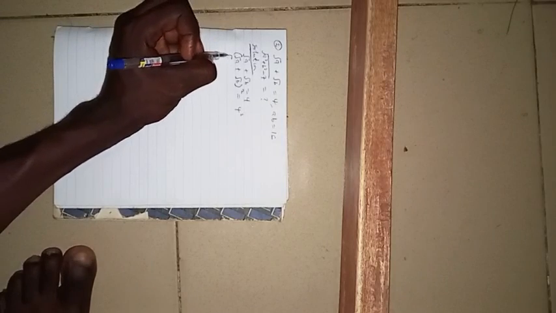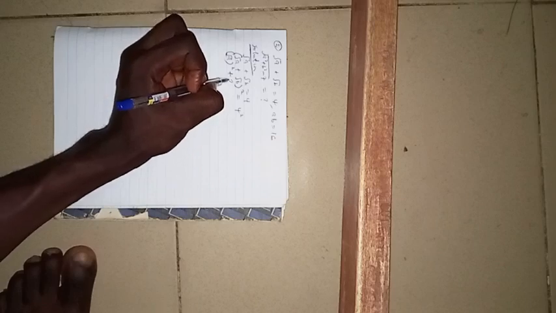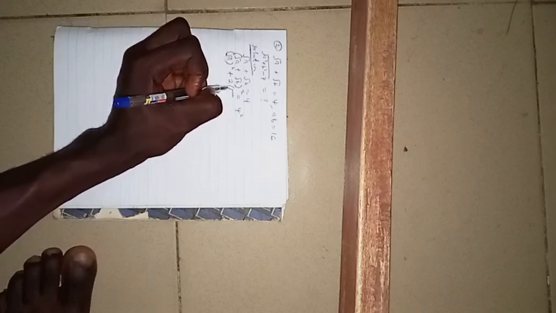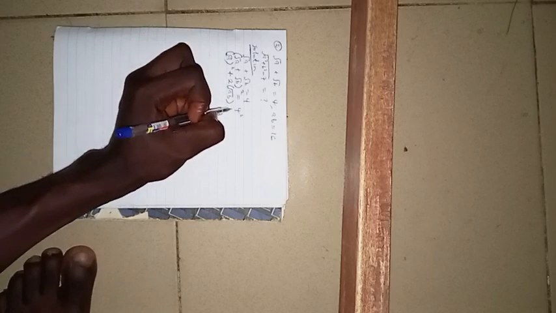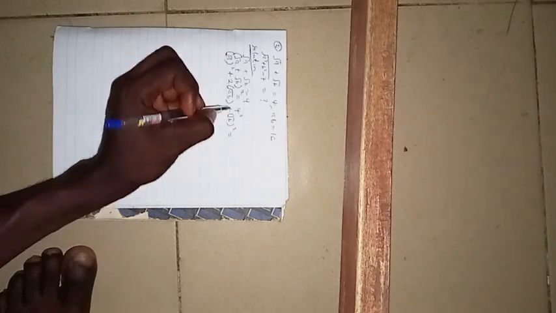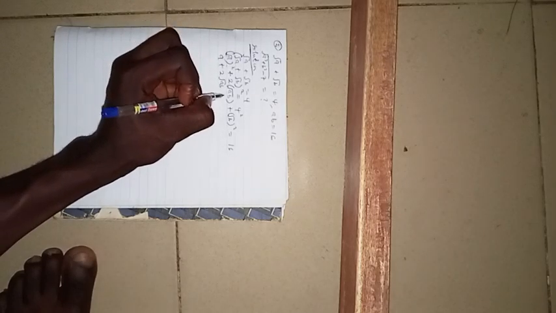If I expand this, I will have (square root of a) squared plus 2 times square root of ab plus (square root of b) squared equals 4 squared, which gives 16. Square root of a squared still gives a, plus 2 root ab, plus square root of b squared still gives b, equals 16.